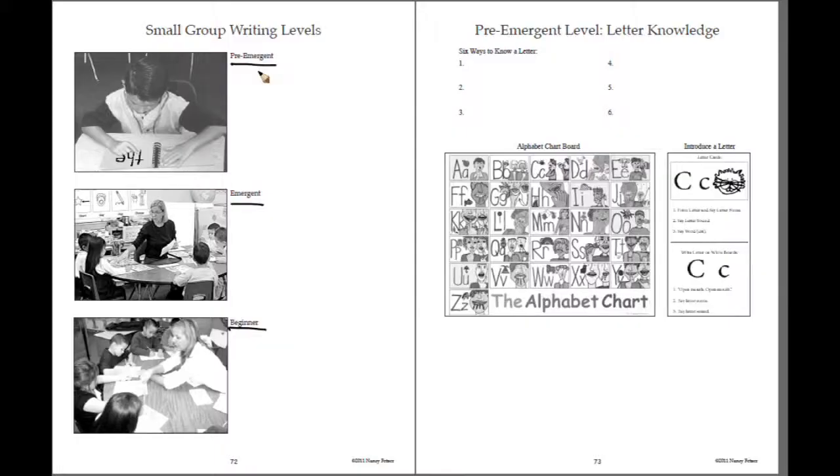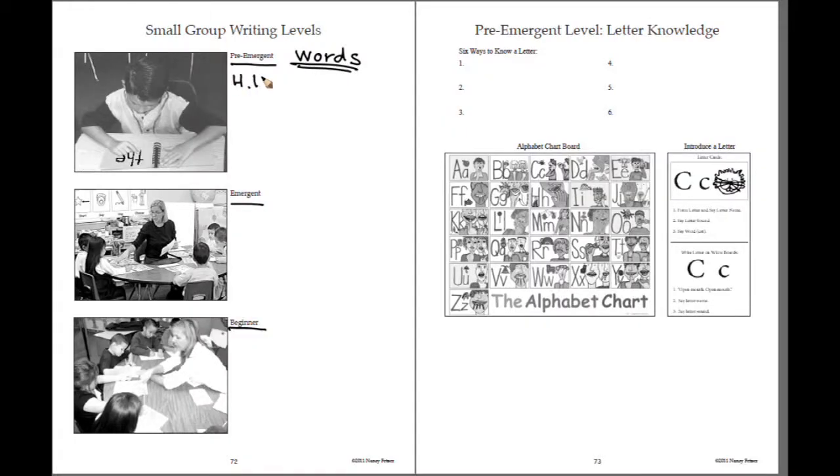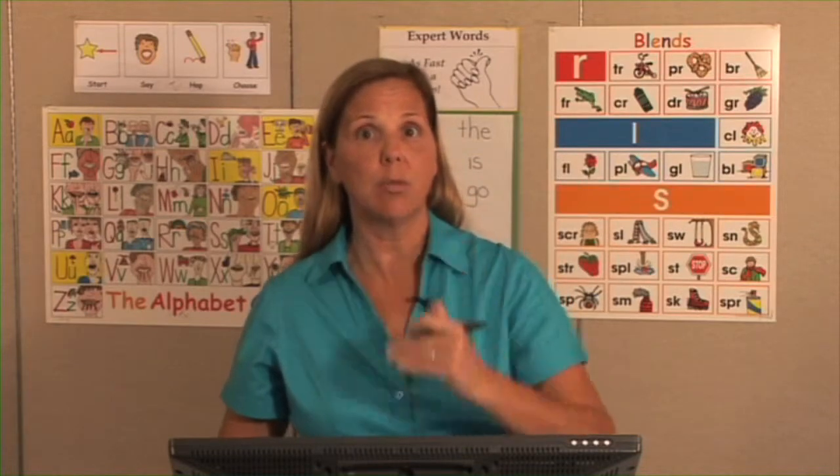The pre-emergent, they need to master how to write 2 types of words. There's 2 types of words, either words that are high frequency words or CVC words. And those are consonant, vowel, consonant words.